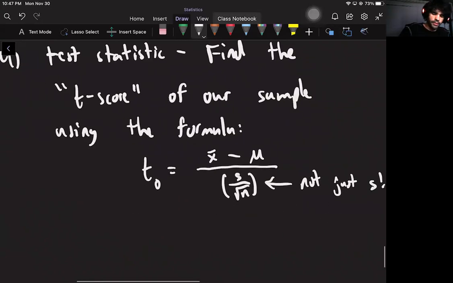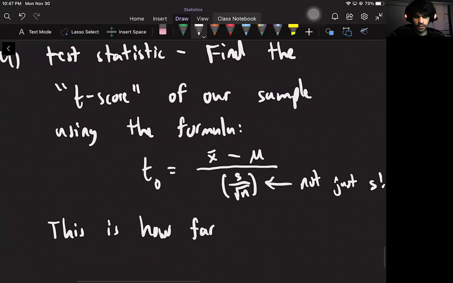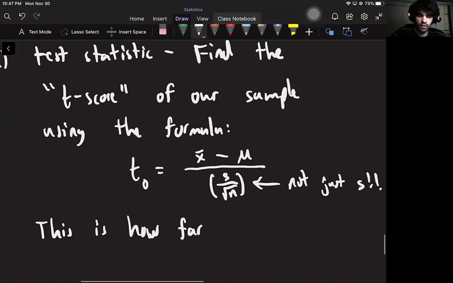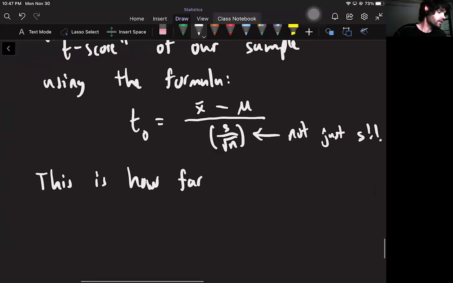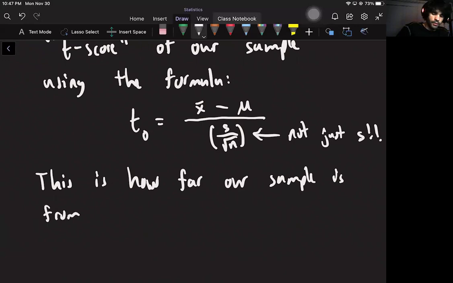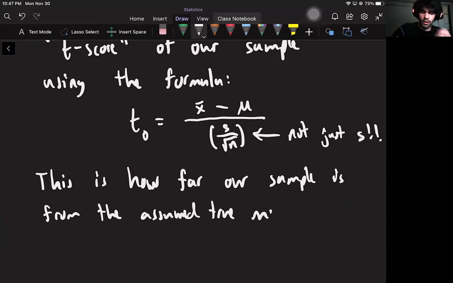So it's very much like a z-score. This is how far, instead of in terms of standard deviations on a normal distribution, it's how many standard deviations you are away on a t distribution. So this is how far our sample is from the mean, or the assumed true mean.